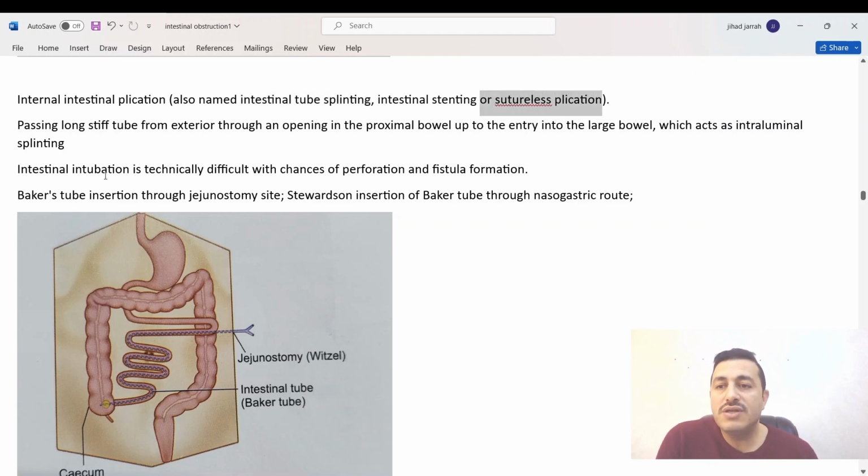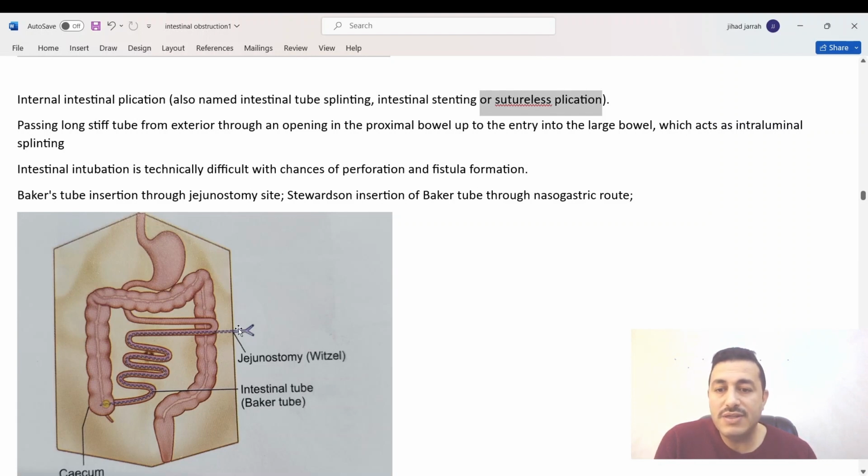These are just a tube that passes through the small bowel so the small bowel can be maintained open. Also, you can review the literature and tell me, is it advisable or not advisable these days? Okay, this is the internal intestinal plication.